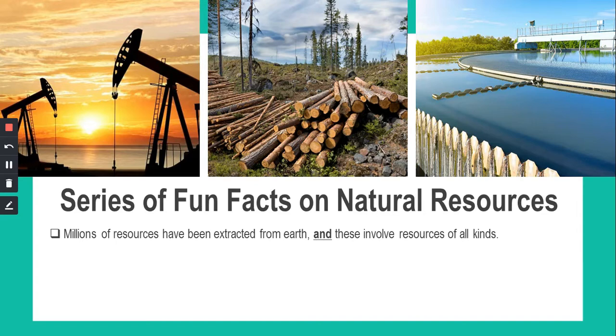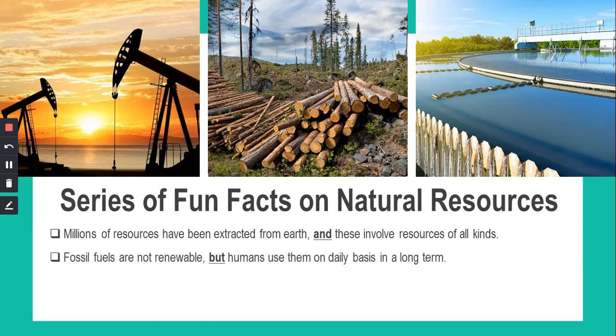Let me show you the second example. The second connector is but. Nah, but dipakai untuk menunjukkan hubungan yang berlawanan atau contradictive. For instance, fossil fuels are not renewable, but humans use them on daily basis in the long term. Minyak bumi itu tidak dapat diperbaharui, tetapi manusia menggunakannya dalam konteks sehari-hari in long term.